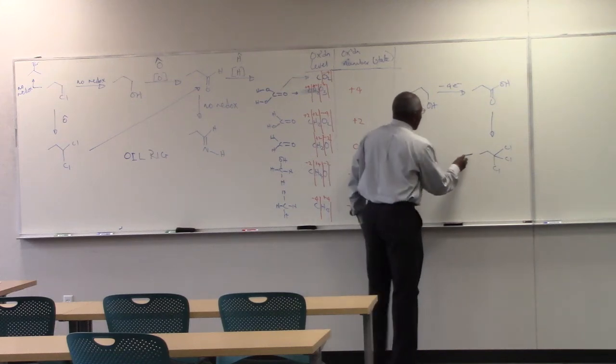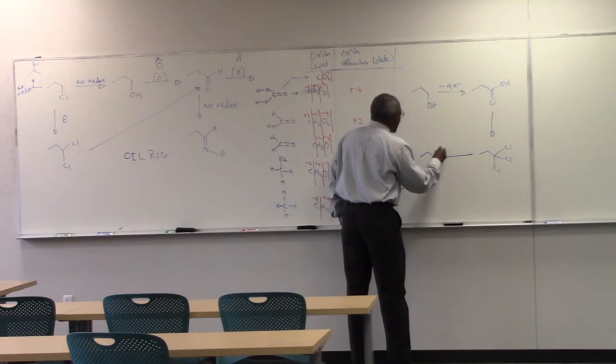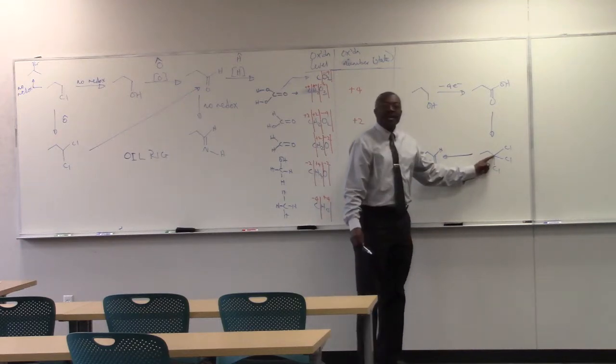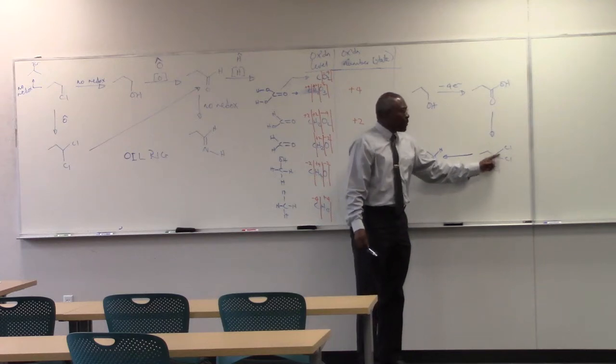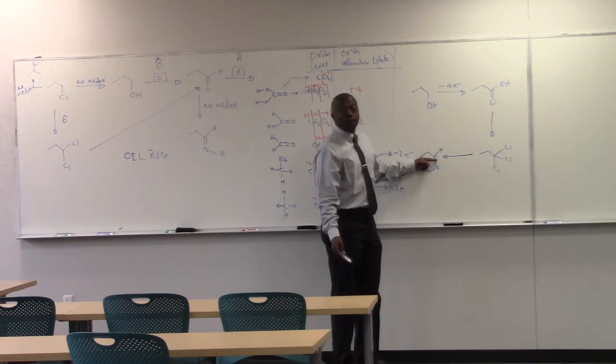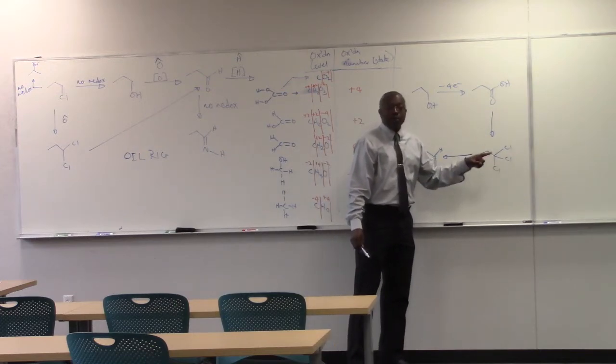And if I take that compound and I convert it into this one, and I ask you what happened, you will tell me I went from the acid level, with 3 bonds to heteroatoms, down to the aldehyde level, which is 2 bonds to heteroatoms. In the process, I have lost a bond to a heteroatom.